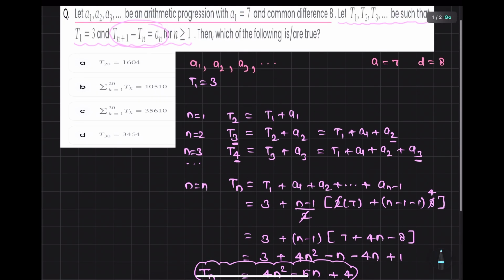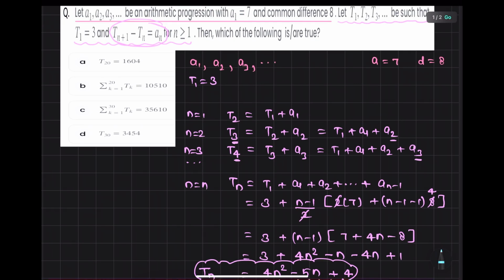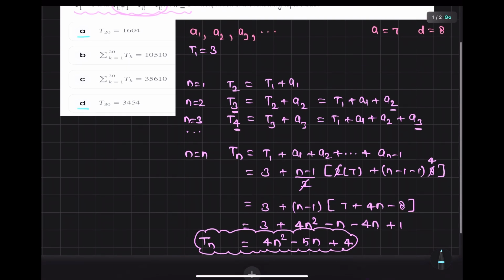Now we have to handle the options. If you observe, option A and option D are similar, so first we will try to crack that one. I will go with T20, so I have to replace n with 20: 4 times 20 square minus 5 times 20 plus 4.